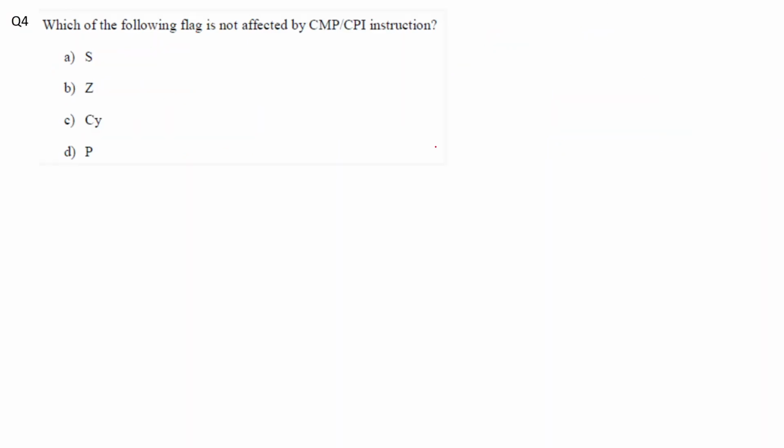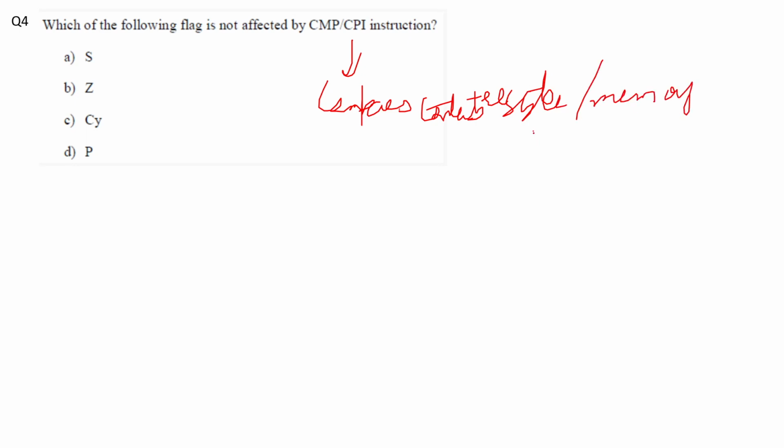Then I have this question: which of the following is not affected by the CMP and CPI instruction? CMP is the compare instruction. CMP is a 1 byte instruction. It compares the data byte in the register or memory with the contents of the accumulator. So what this does is it compares the contents of register and memory to the accumulator.